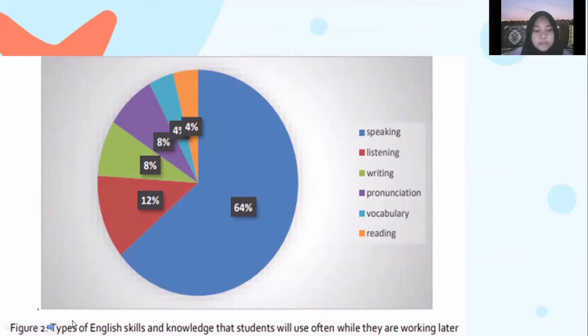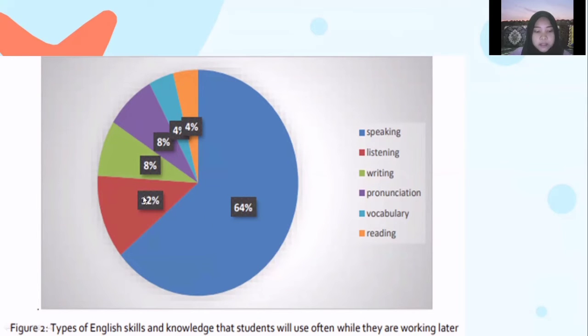The result of the second question, about the types of English skill and knowledge that students will use often while they are working in their job field, showed that about 64% of students chose speaking.